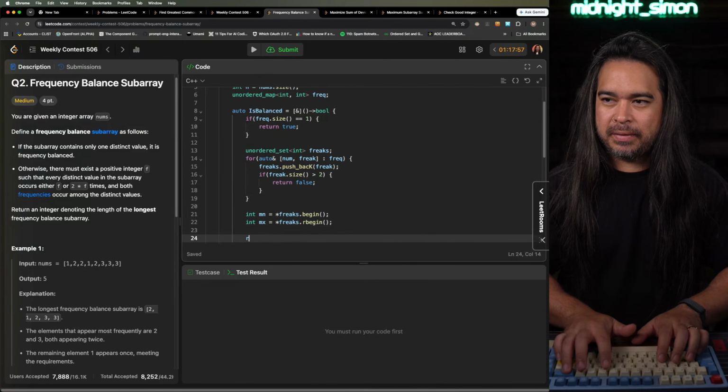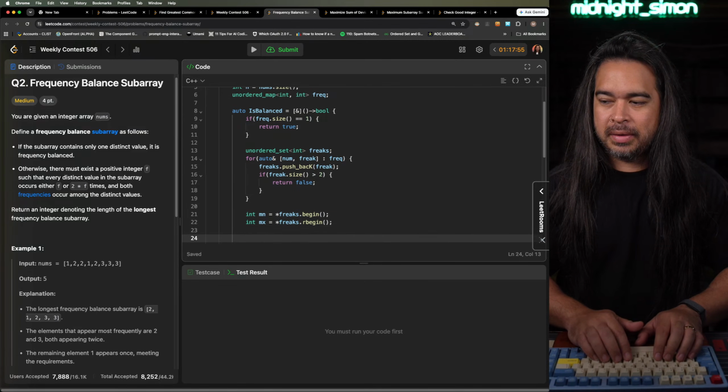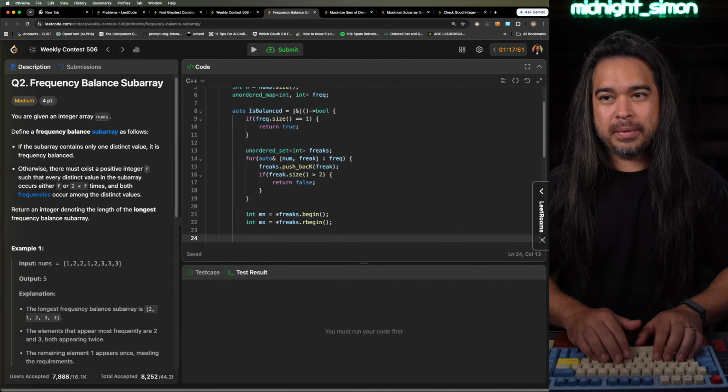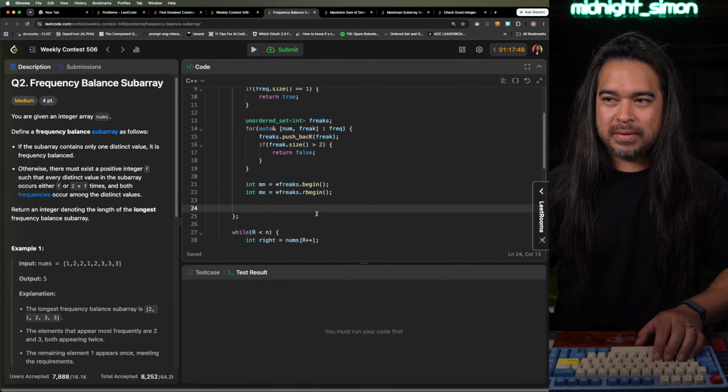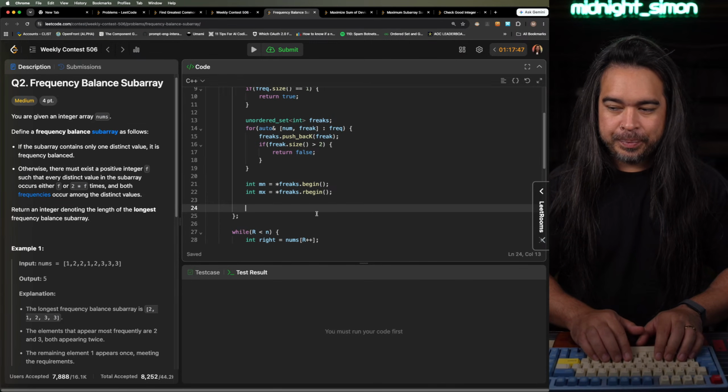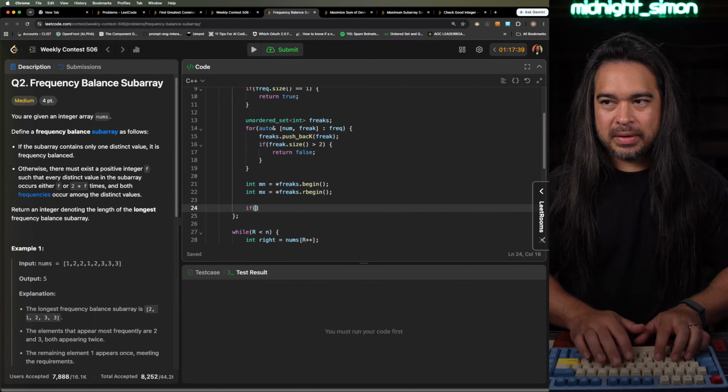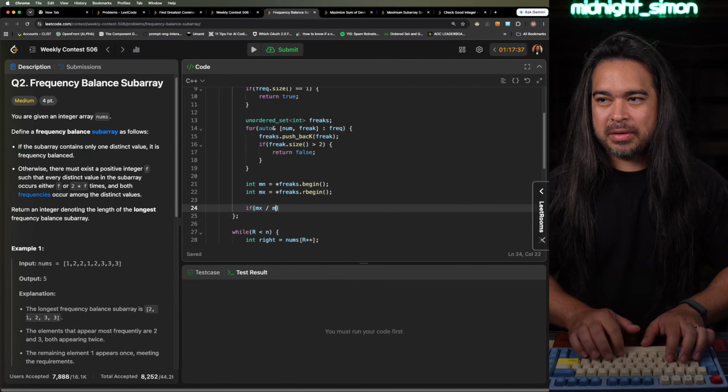So then if, how do I say, I don't know if one is exactly 2 times. I have to divide. Do I have to divide it, man? Or do I say max divided by min?